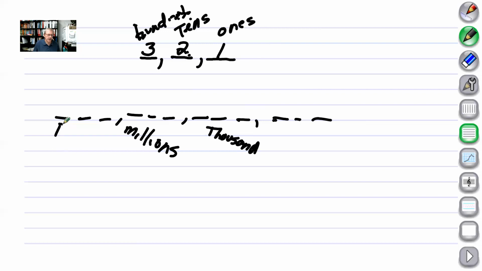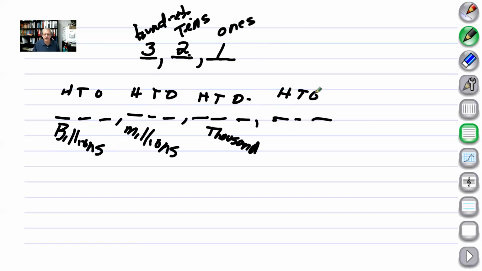And this would be your billions, and so on. So it's always hundreds, tens, ones. Hundreds, tens, ones. Hundreds, tens, ones.